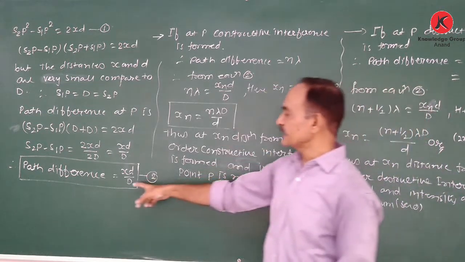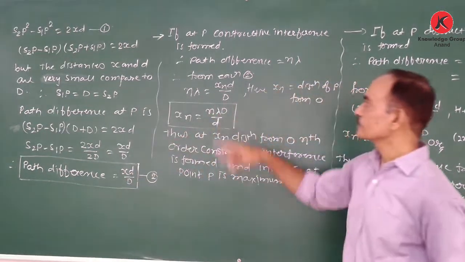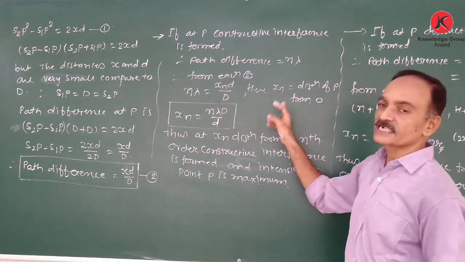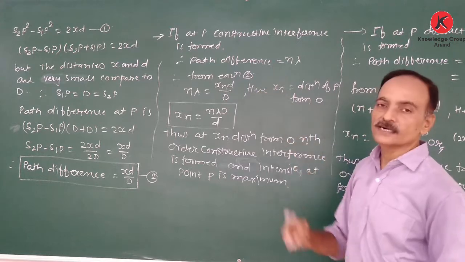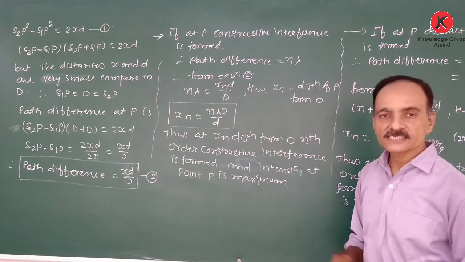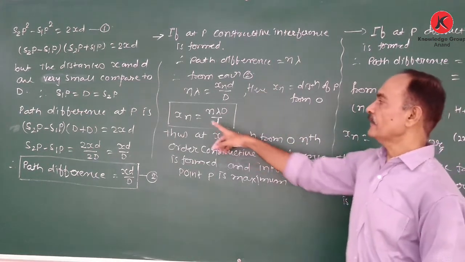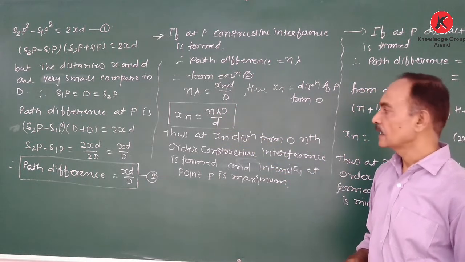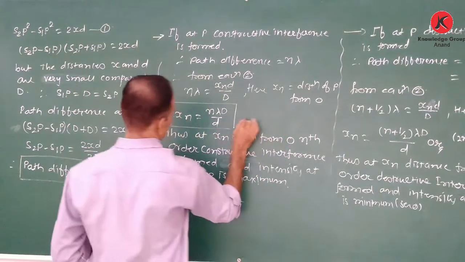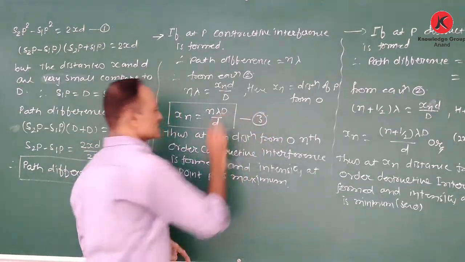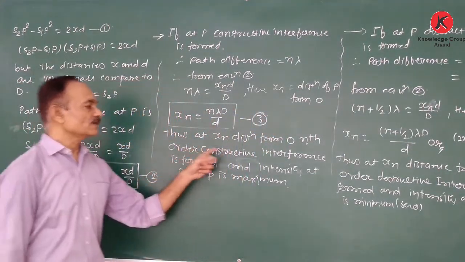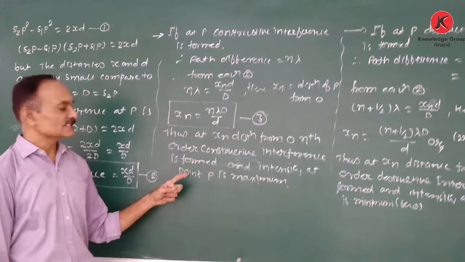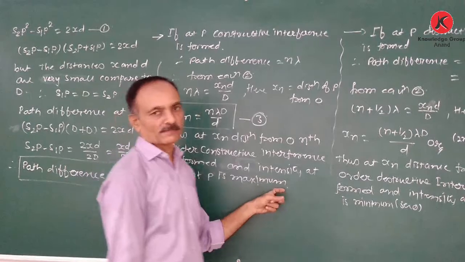So compare this n lambda with xd upon D. Therefore n lambda is equal to xn d upon D. xn is the distance at which the nth order constructive interference takes place. Therefore xn is equal to n lambda D upon d. So that is equation number 3. Thus at xn distance from O, nth order constructive interference is formed and the intensity at point P is maximum.